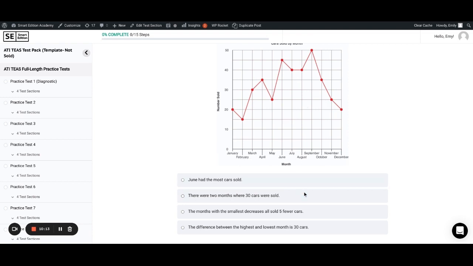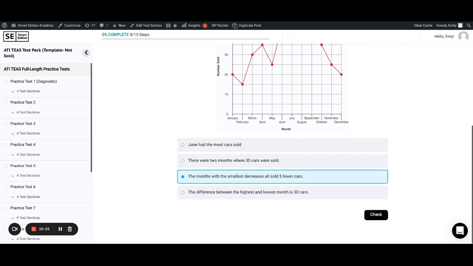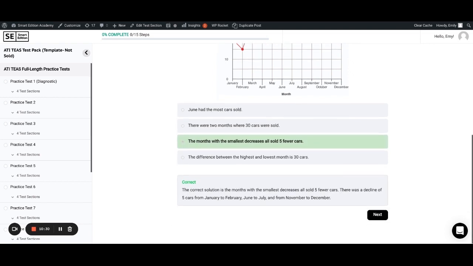Okay, the right answer is actually C. The months with the smallest decreases all sold 5 cars fewer. So basically there was a decline of 5 cars from January to February, June to July, and November to December.